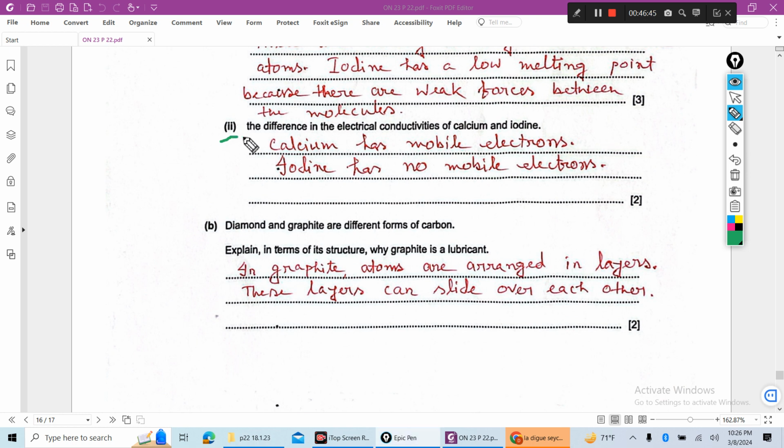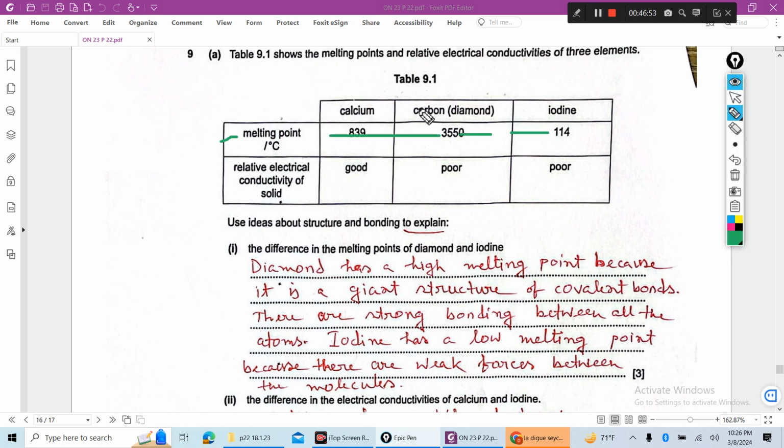Number 2, the differences in the electrical conductivities of calcium and iodine. You see, calcium is a good conductor, but iodine is a poor conductor, diamond also poor conductor.